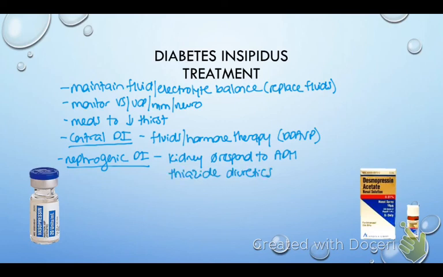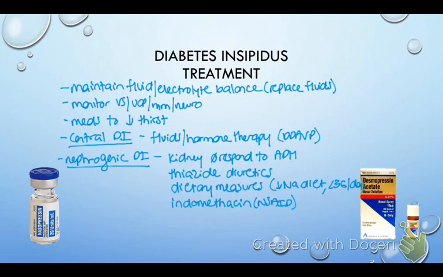So we might have to give them diuretics, thiazide diuretics. We need to do a low sodium diet because we don't want them to get hypernatremic any more than they are. Indomethacin is an NSAID, and it helps.